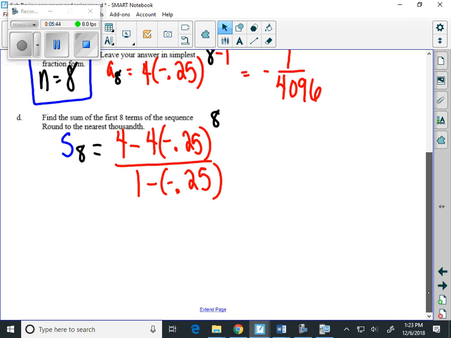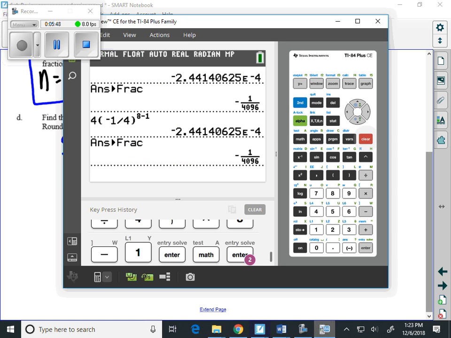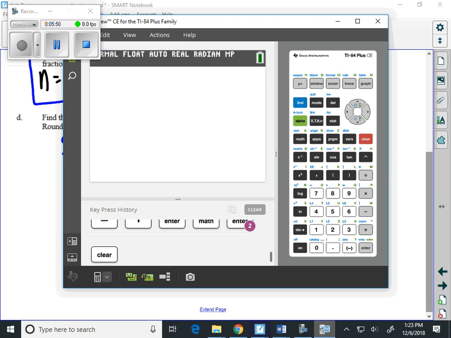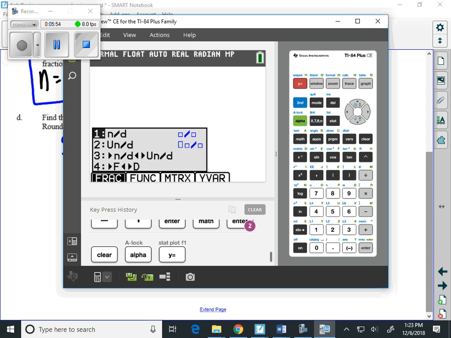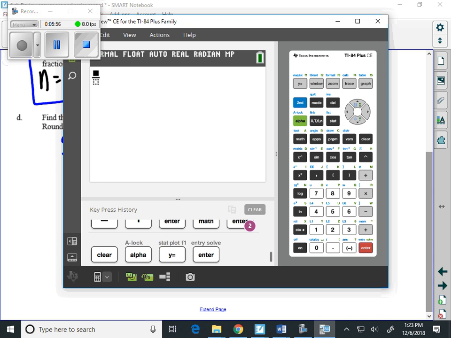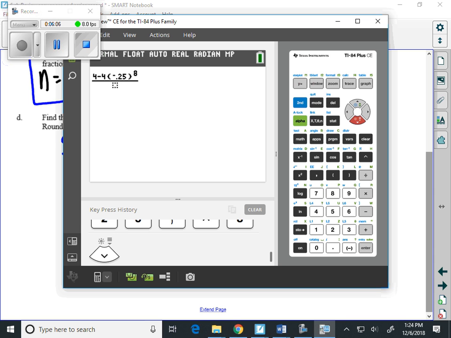And once we have that, we simply can type that into our calculator. It is, with the fraction button here, alpha y equals, enter, gives us the fraction button, 4 minus 4 times negative 0.25 to the 8 divided by 1 minus negative 0.25.